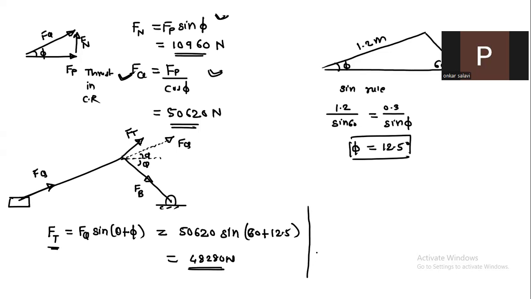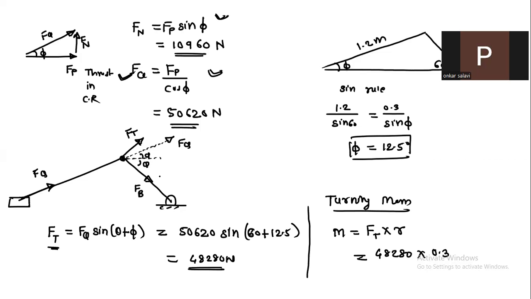And from the Ft, to find out the turning moment. So turning moment M is equal to Ft into the radius. So Ft is 48,280 into the radius, which is 0.3 meter. So this radius is r, 0.3 meter.